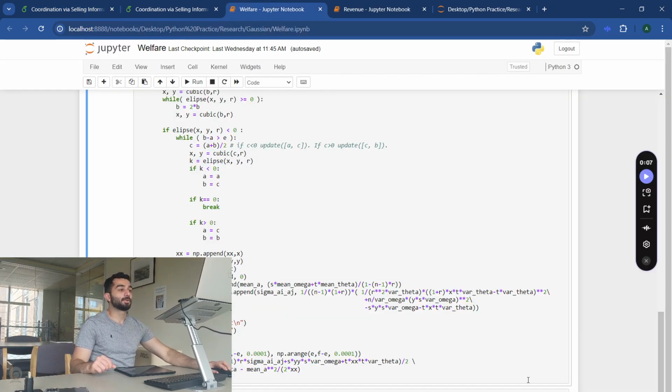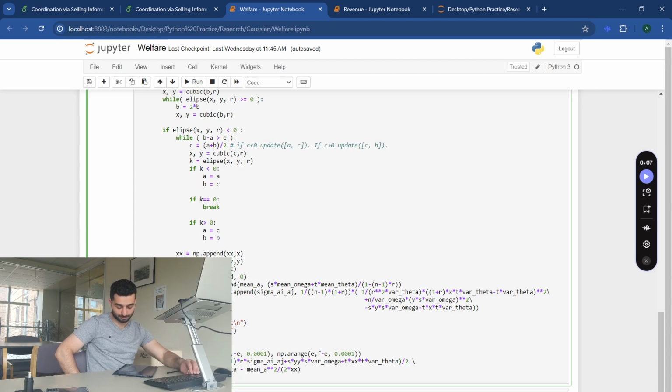And now I want to change the payment formula here, which is mean A squared, which we have here, over 2. Very good. What is the formula for sigma AI squared? That's the only thing I need to know.